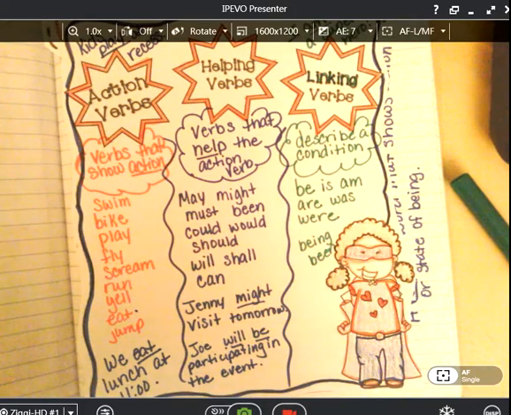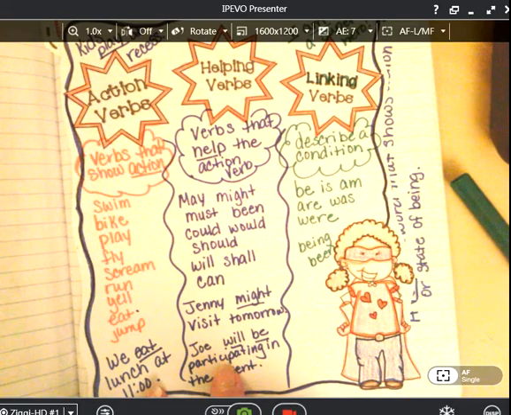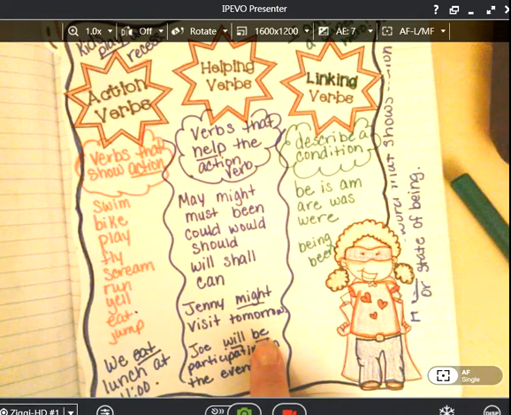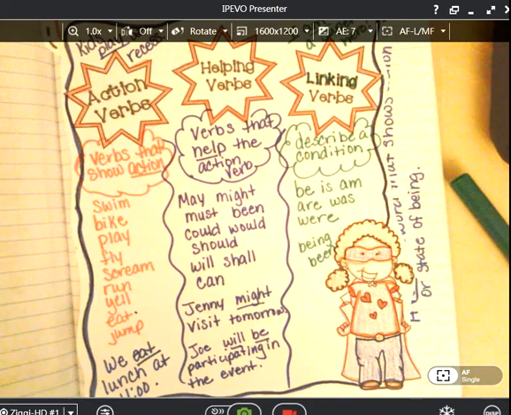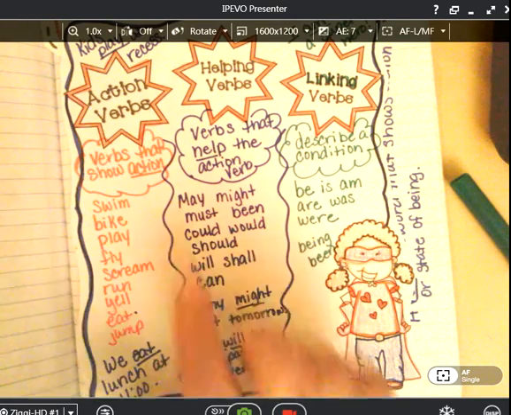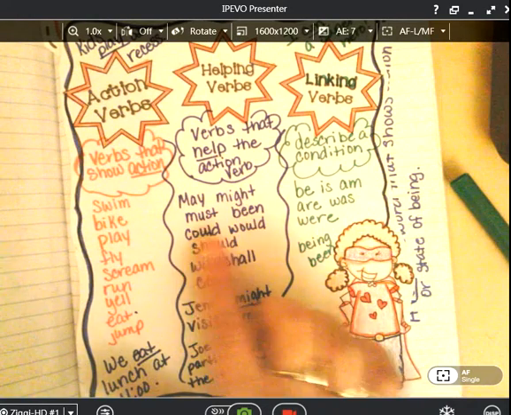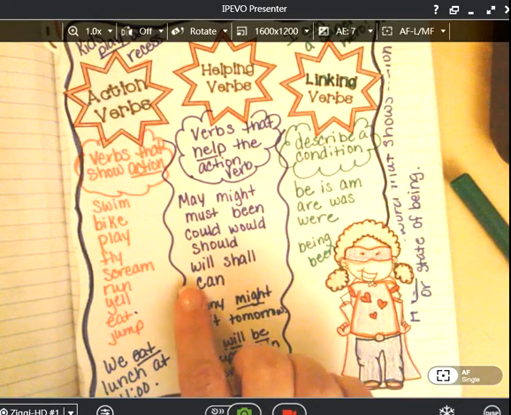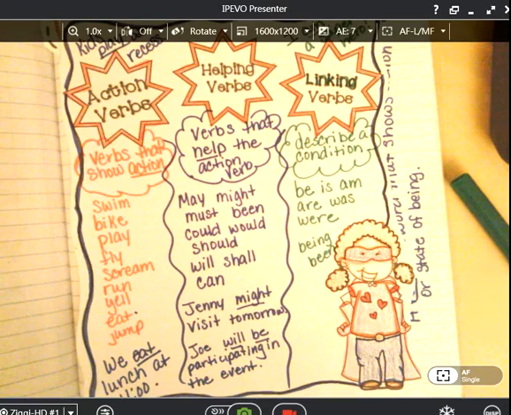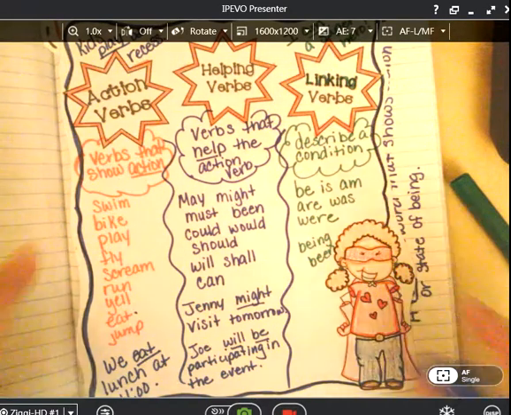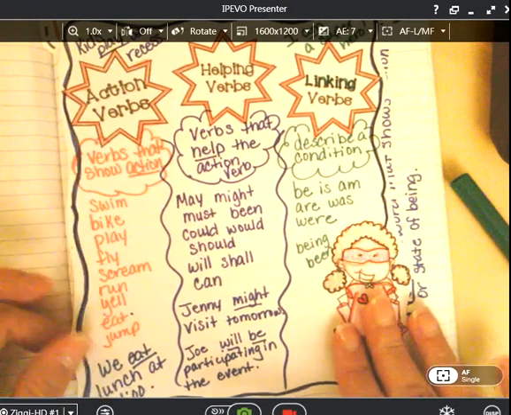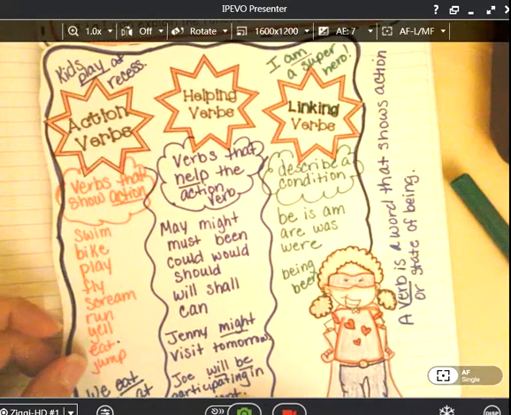So this is telling us that this is probably going to happen. Participating is what he's actually going to be doing. That is our action verb. But the words will be help out that action verb and give us a sense of time when this is going to happen. So again, your helping verbs are going to be might, must, may, been, could, would, should, will, can, and shall.